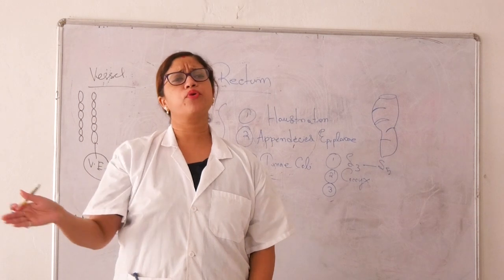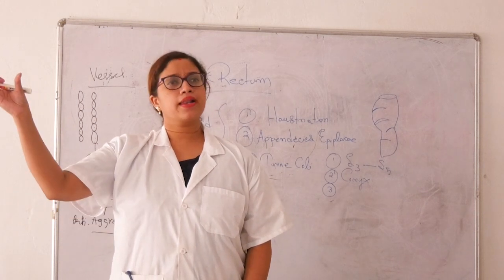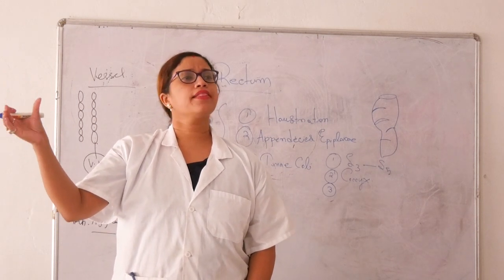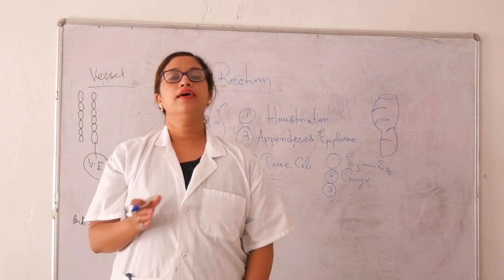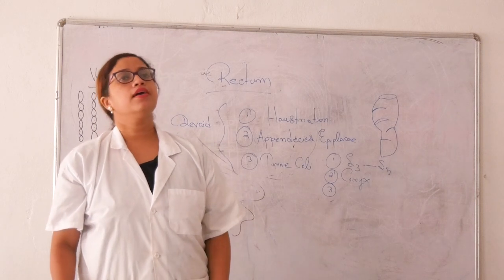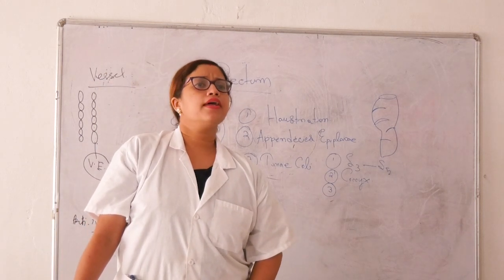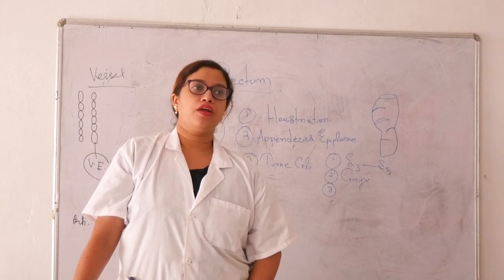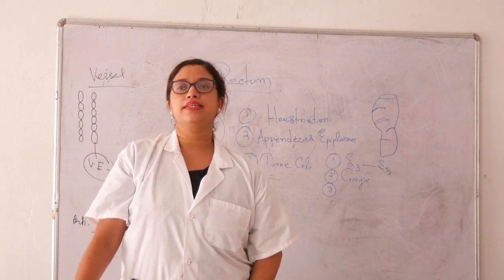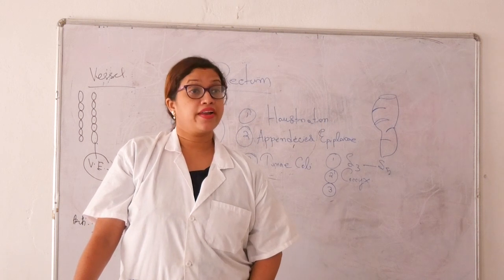What organs will fall on the lateral side? There would be suprarenal gland, kidney, and gonads. So these are the three arteries: the renal arteries, the suprarenal arteries, and the gonadal arteries. So these are the lateral branches. Then what about the posterior branch? There is only one posterior branch, called median sacral artery.